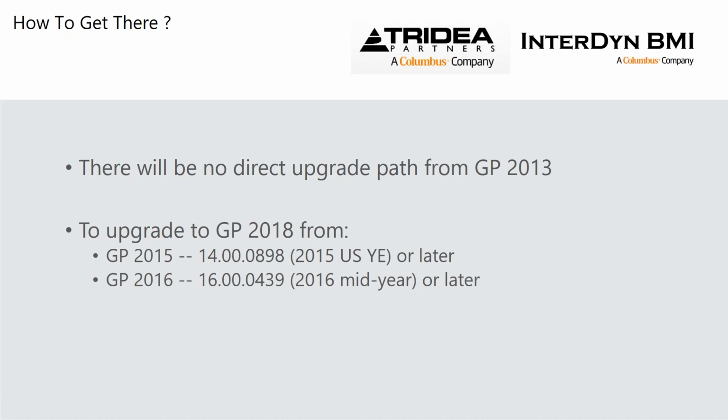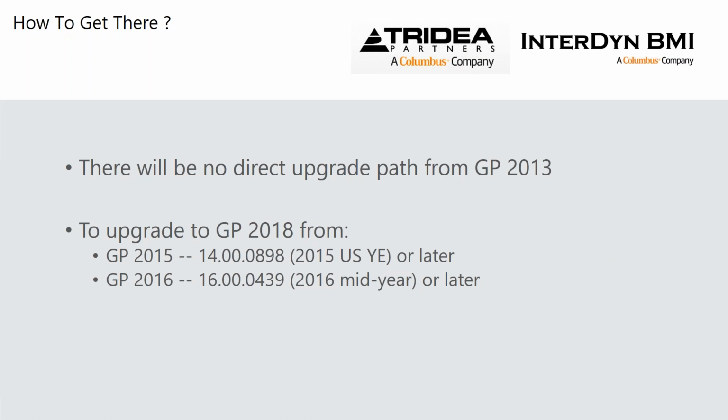If you've applied any other service pack since then you will have a higher version number on your 2016 in the 0439, and so you would be good. But if you're older than either one of those, you would have to patch your existing system with at least those patch 2015 year end or the 2016 mid-year to bring yourself up to at least those levels, and then from there you could jump directly to GP 2018.